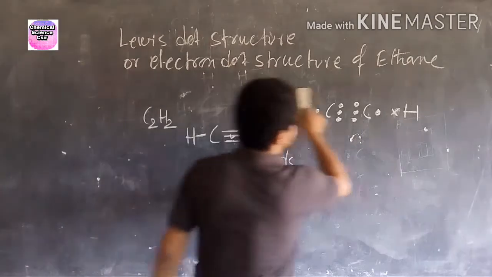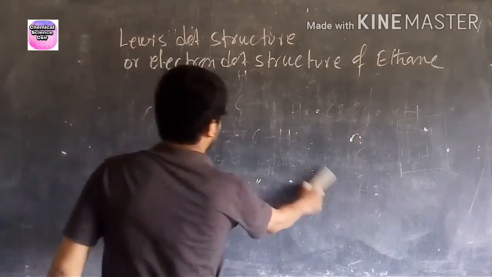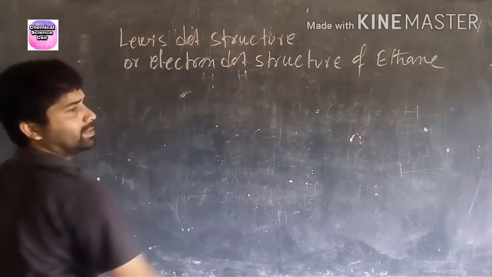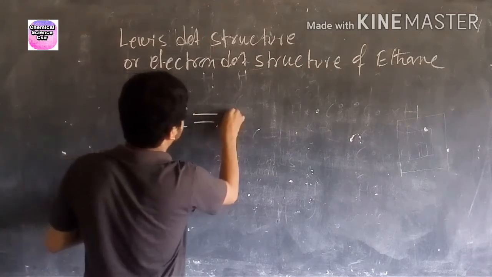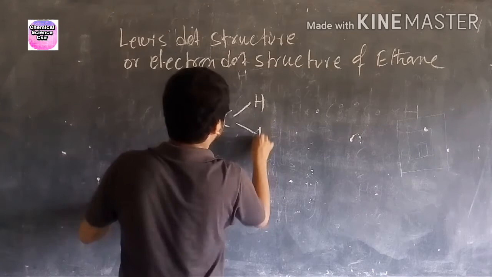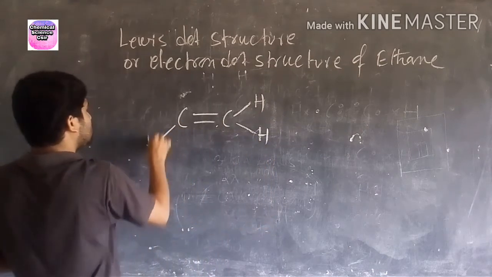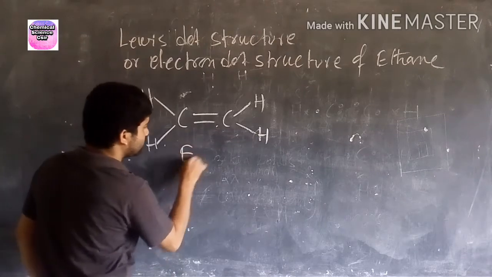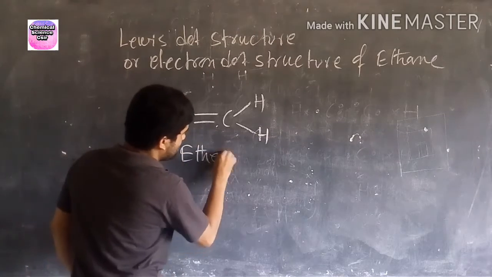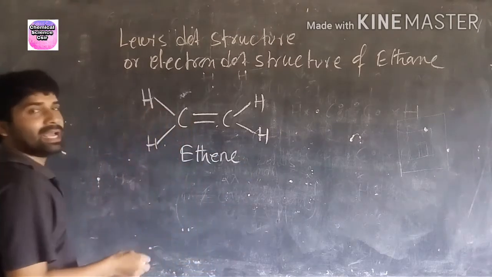Another example: suppose ethene, C double bond C, with single bonds to hydrogens. This one is called ethene or ethylene.